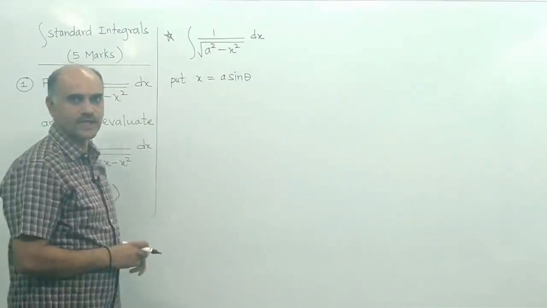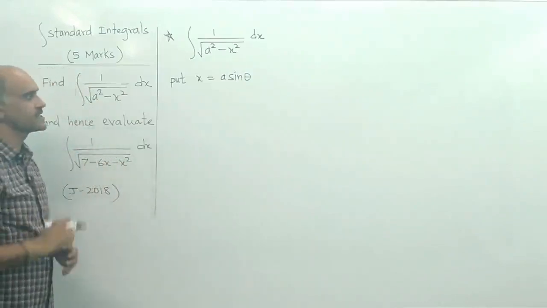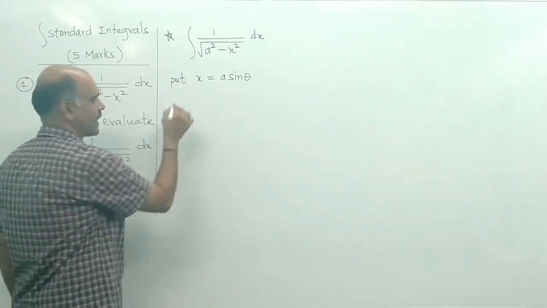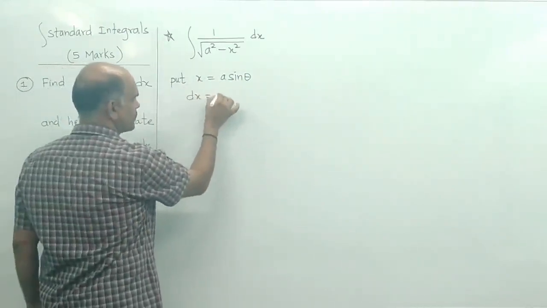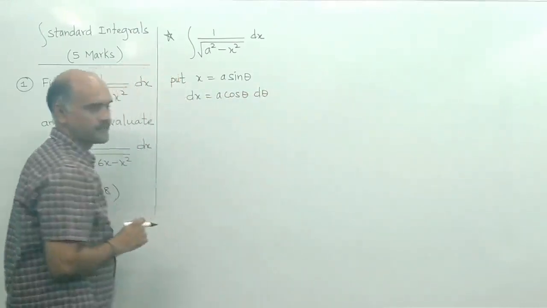So you can go through that. Here you can remember, in a root if there is a square minus x square, put x is equal to a sin theta. Therefore dx is equal to a cos theta into d theta.